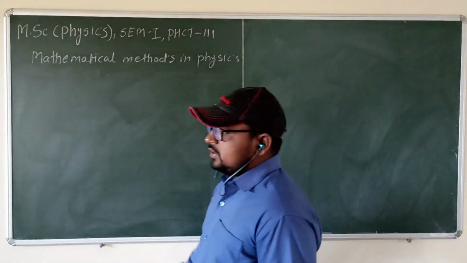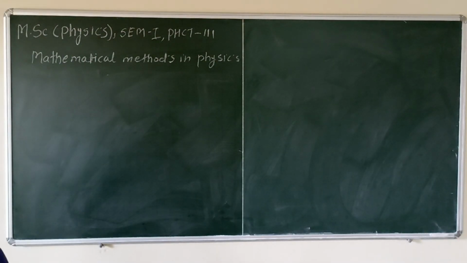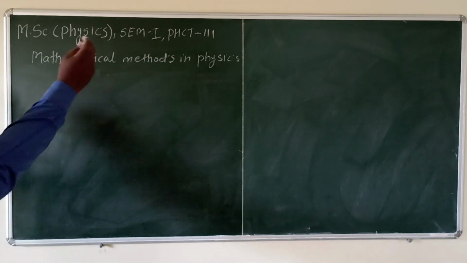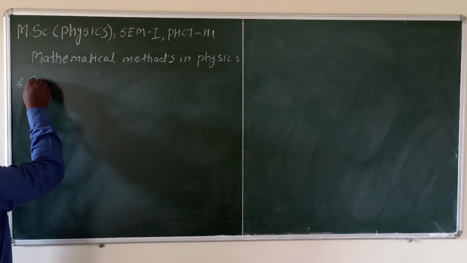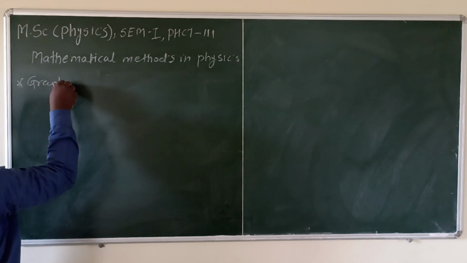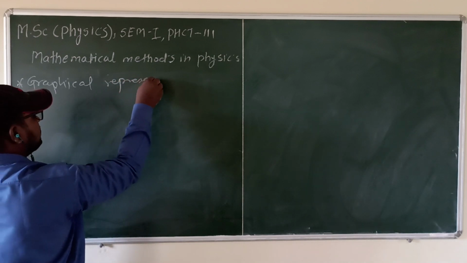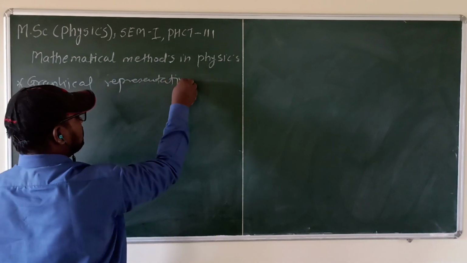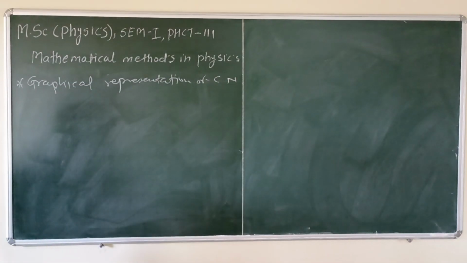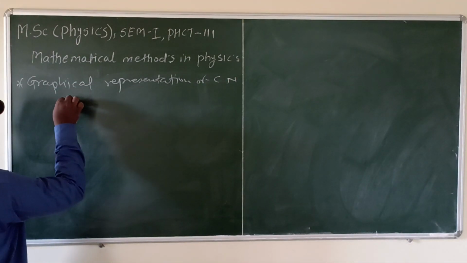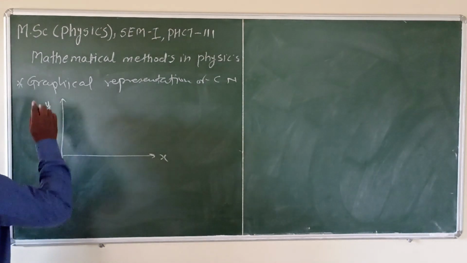In spherical, there are r, theta, and phi axes. In the complex plane, or you can say the graphical representation of a complex number, here we consider the x-axis and y-axis.